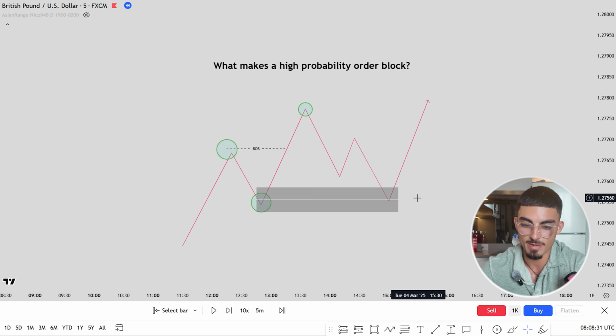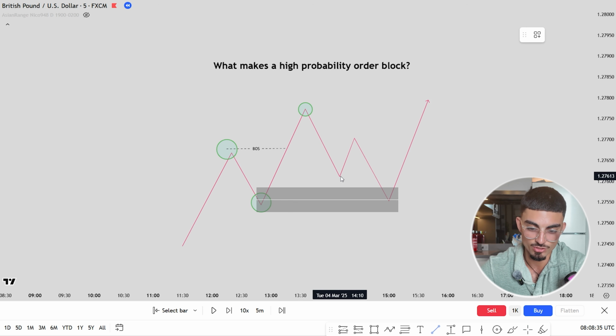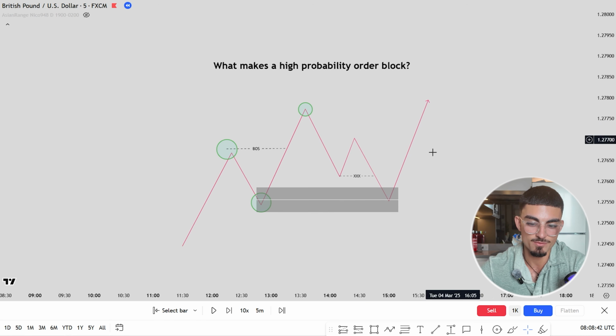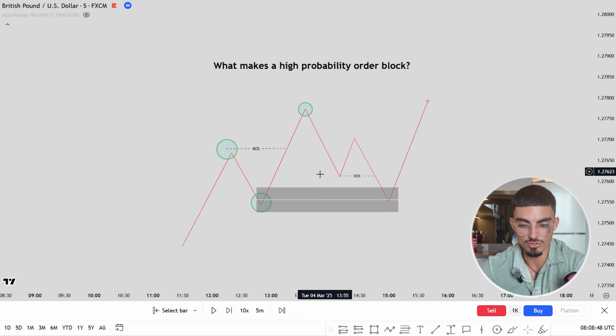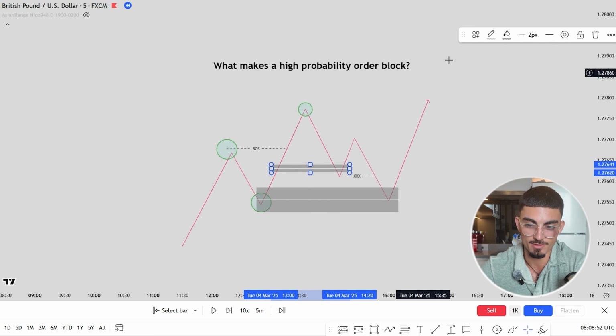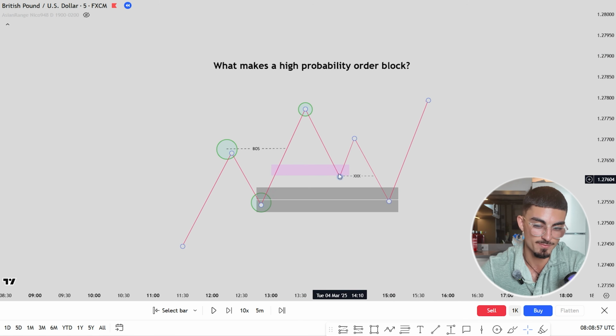Now, the reason why this makes a strong order block is because there was a sweep of liquidity shown by this right here before we tapped into the order block. This basically gives us more fuel to go to the upside because we've taken out early sellers who have been selling here. For example, maybe there was a fair value gap somewhere in this area like this. There's a high chance that people might be looking to buy from this fair value gap.